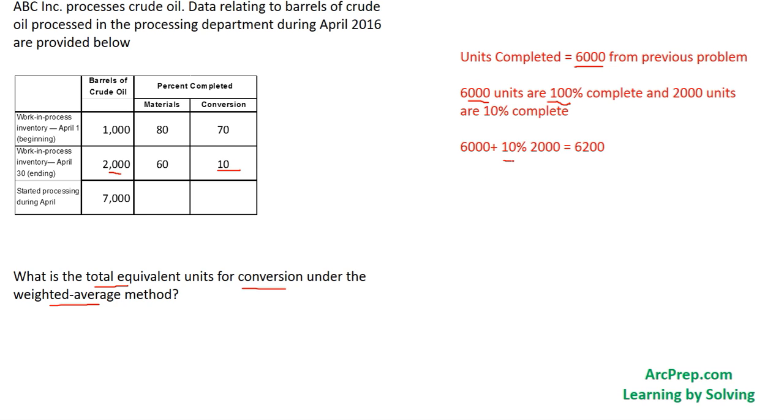So this is equivalent to 200 units that are 100% complete. Now I can add them up because it's apples to apples. This is 100% complete as well. The total is 6,200 units.